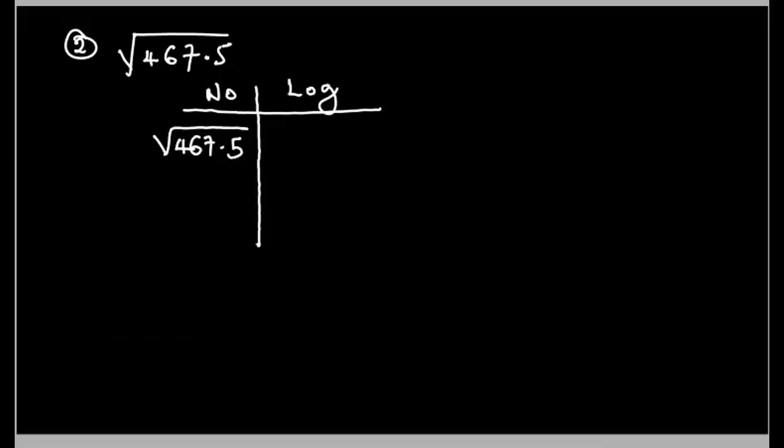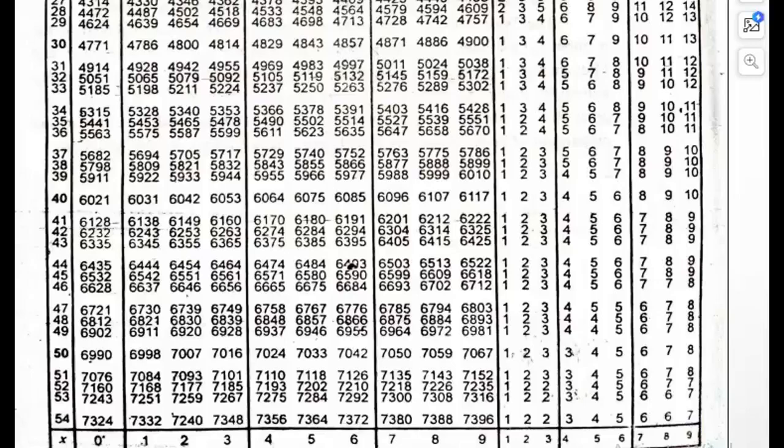Now let's look at the whole number in here. This is 467. So we need to look for 46 under 7 difference 5 under the log table. 46 under 7 difference 5 is 6693.